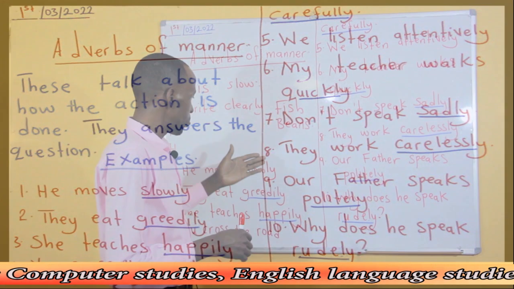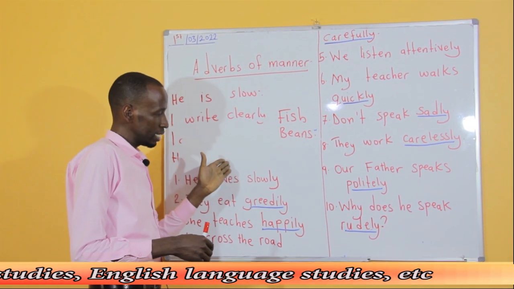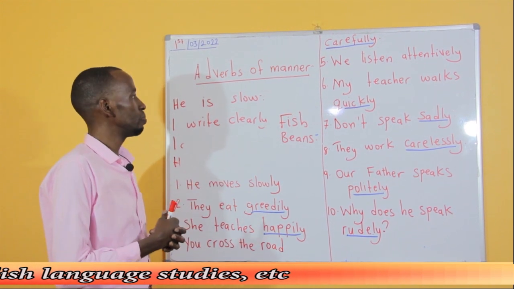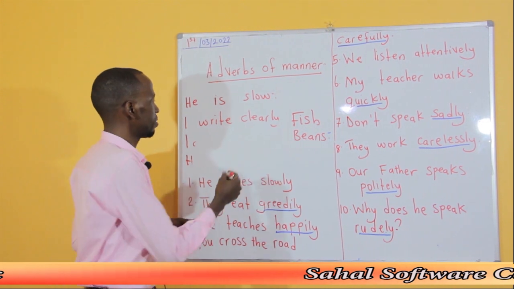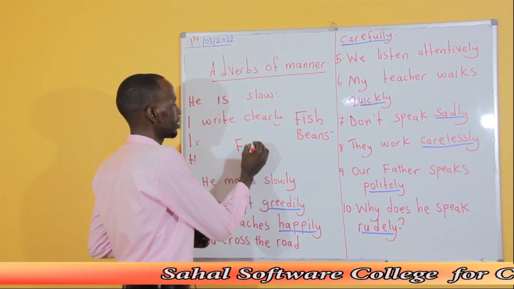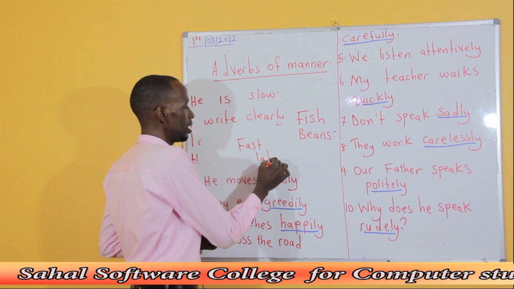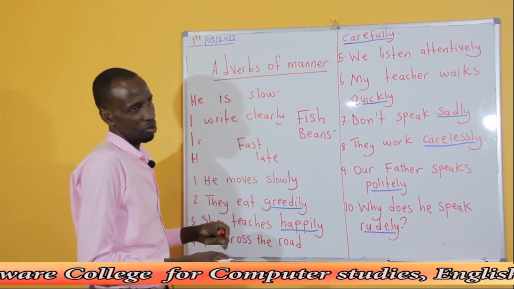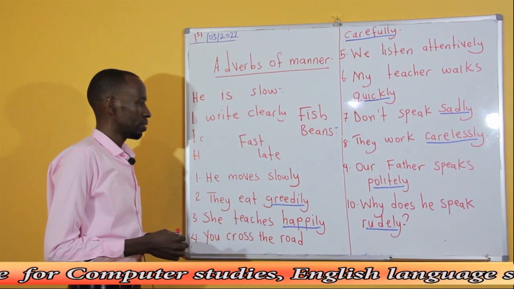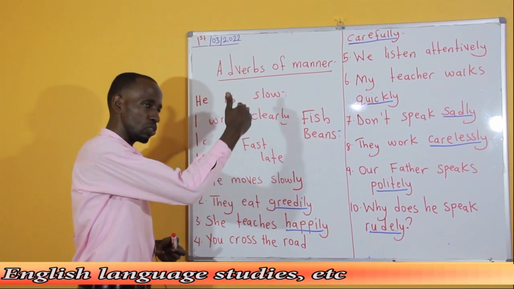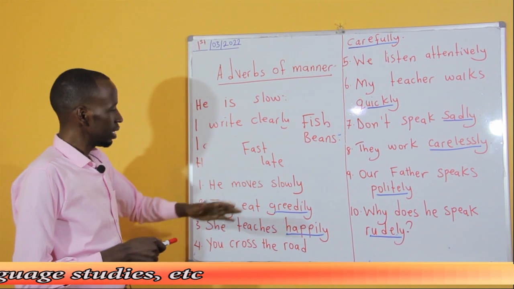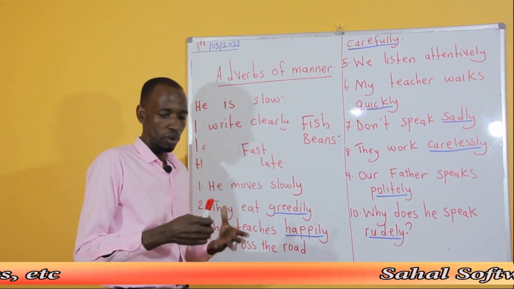Like you put ly to some adjectives and then you change them to be adverbs of manner. But not all of them. For example, the word like fast, the word like late, these are adverbs and we don't put ly. You can say he comes late. It's okay. Not all of them you put ly, but those that you put ly are the ones which are very many.